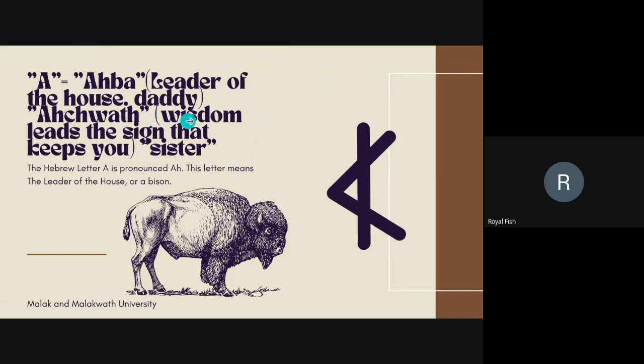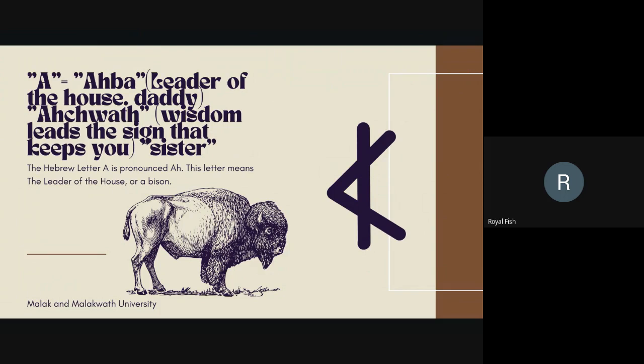Akhot, which obviously means sister. When you break this down into its Hebraic understanding, the actual way that they break down the Hebrew words, it means wisdom leads the sign that keeps you. So, sister, in the Bible, I'm going to see if I can get a scripture really quick.